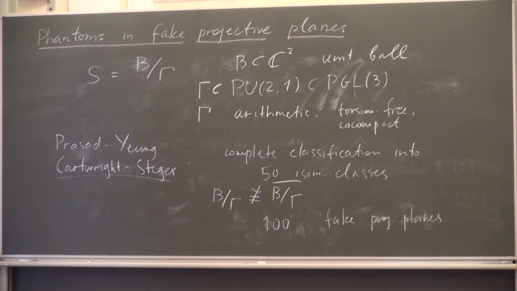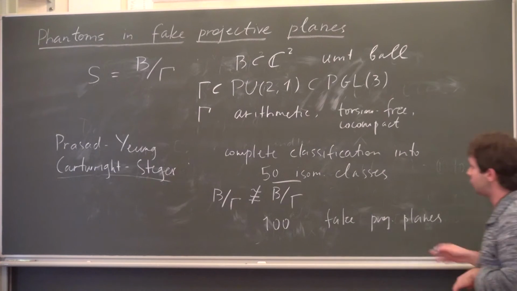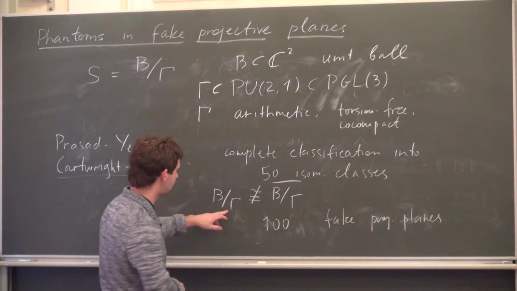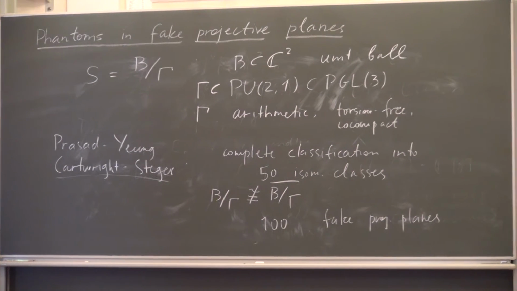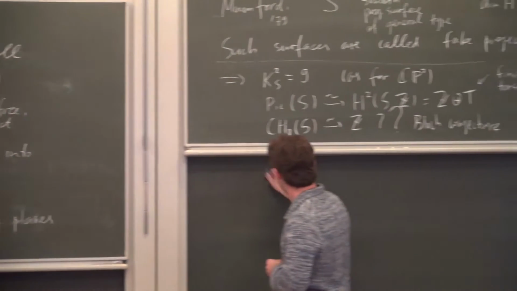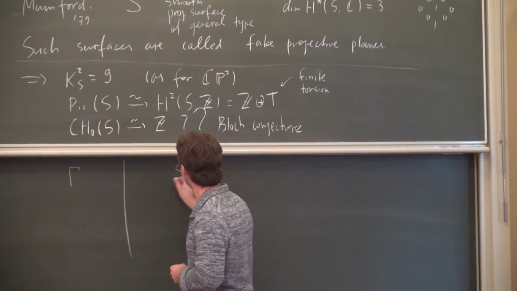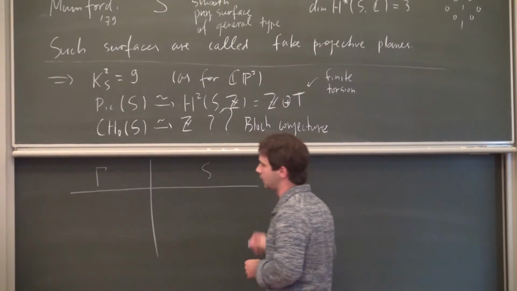Now let me give a table which compares geometric properties of this S and arithmetic properties of Gamma.